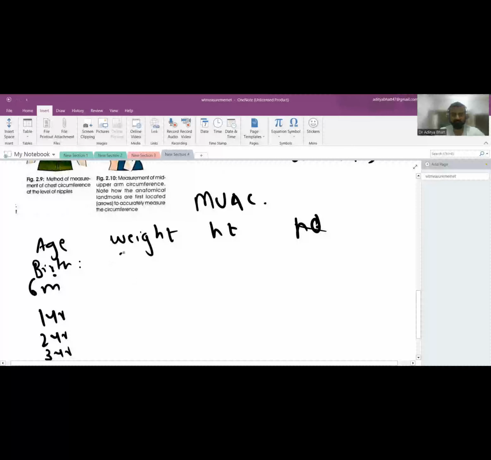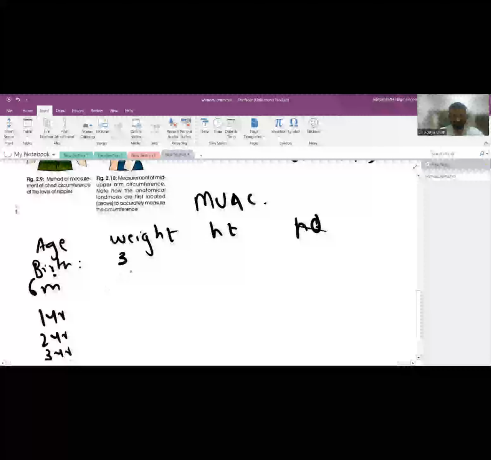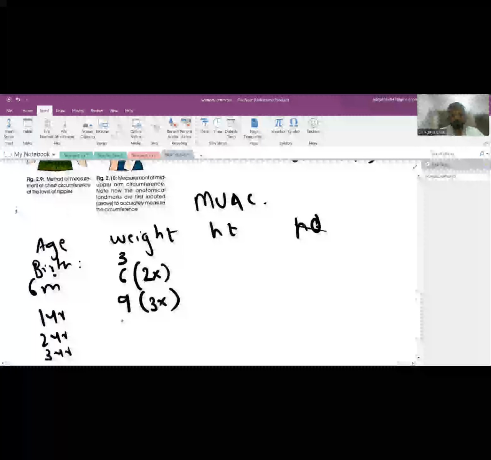At birth it is 3 kg. At 6 months it is 6 kg. It doubles. So where does your weight double? It doubles at 6 months of age. It triples at 1 year of age, and it quadruples at 2 years of age.